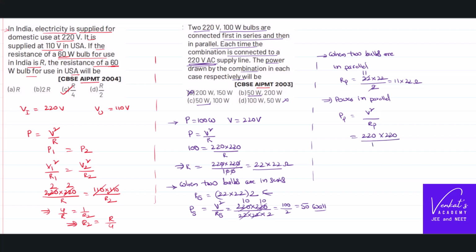The resistance in parallel is 11 into 22. 10 times this 11 is 20 times, so 20 into 10, that is equal to 200 watts. So power in parallel is 200 watts, where the second option is correct, option B. So option B is correct. Option C is also wrong. That's how we solve this problem, right? That's it, and thank you for watching.